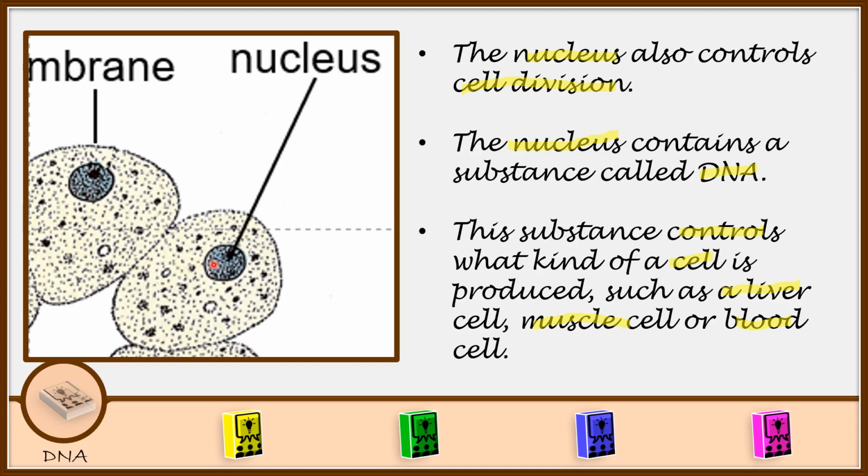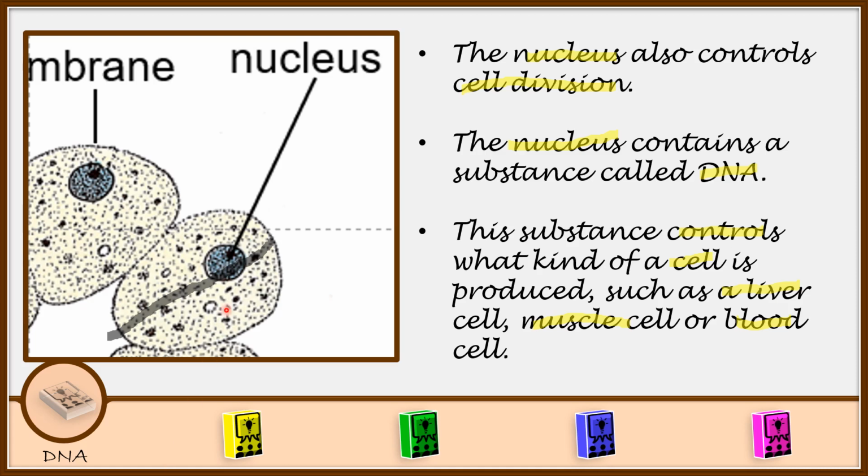Like we have said, it is the nucleus that controls cell division. So when a cell is dividing and producing other cells, which cells are they producing?